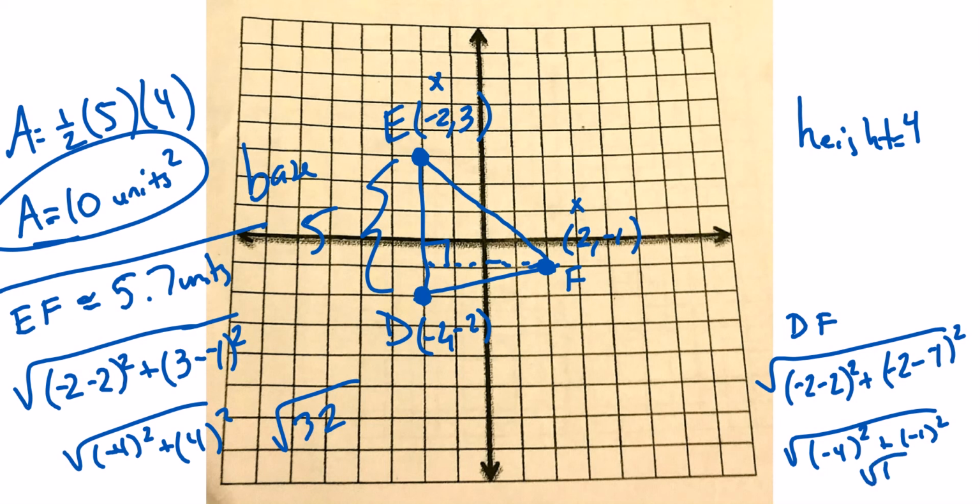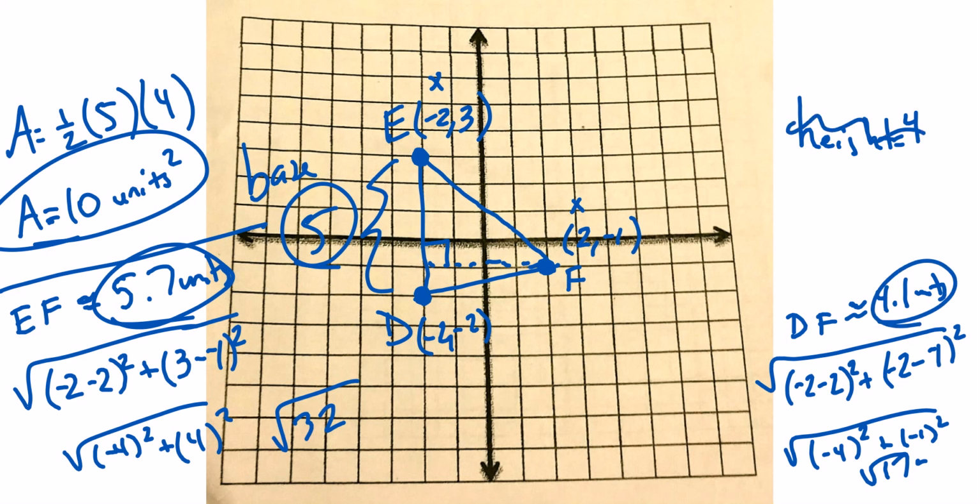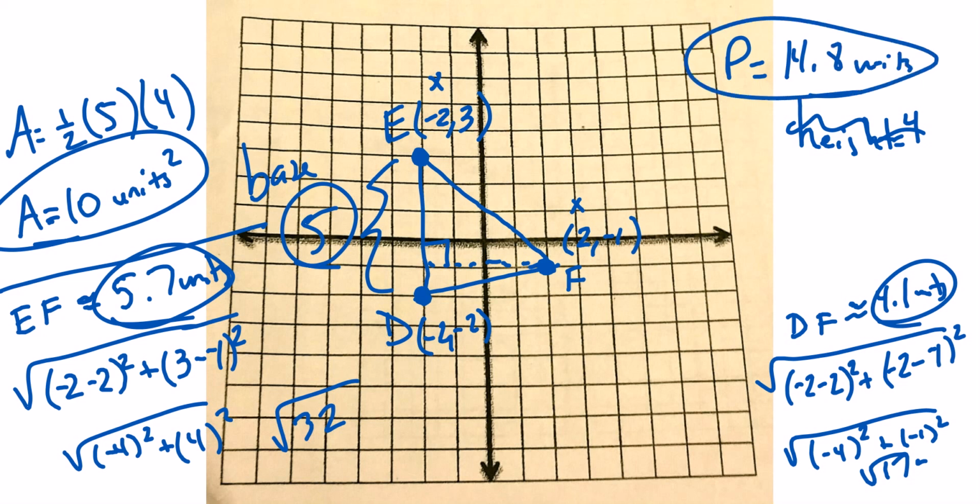So I'm going to have the square root of 17. And DF is about 4.1 units. So I know ED is 5, and EF is 5.7, and DF is 4.1, so my perimeter is going to be equal to 10.7 plus 4.1, which is 14.8 units. That's my perimeter.